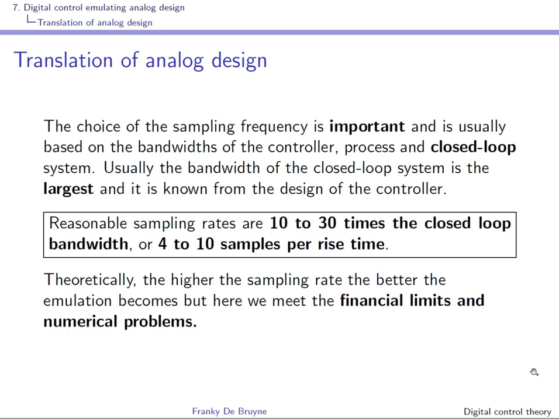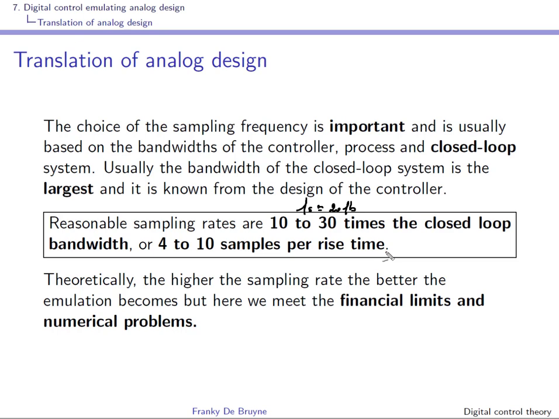Well, reasonable sampling rates are 10 to 30 times the closed loop bandwidth. We have seen previously that the sampling rate is linked to the bandwidth frequency by this relation, which is of course a rule of thumb. Well, in the time domain, you can also say that per rise time you should have 4 to 10 samples.